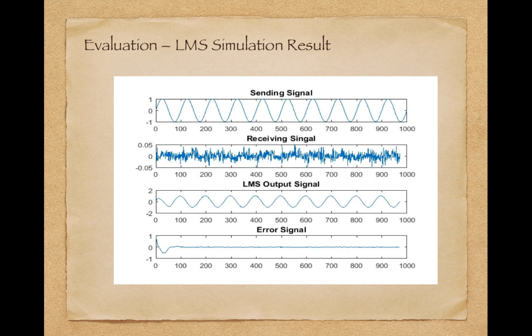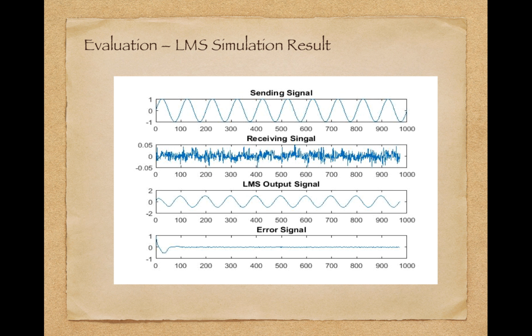Here are the simulation results. First, let's talk about the LMS algorithm simulation result. The sending signal is a common sound wave signal, and after going through the communication transmitting channel, the receiving signal has a lot of noise.